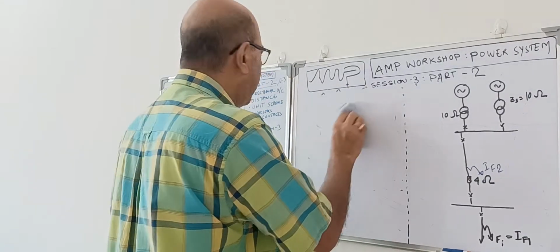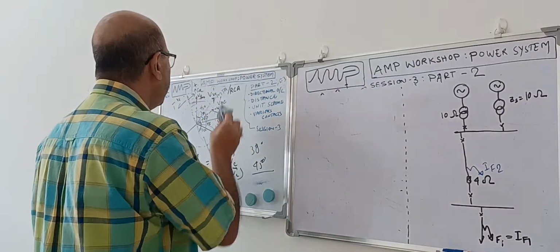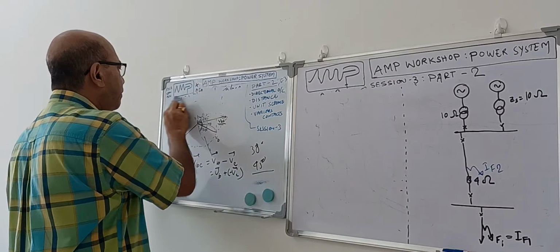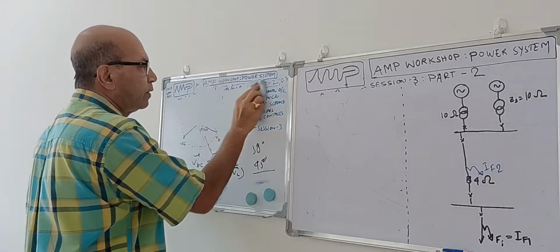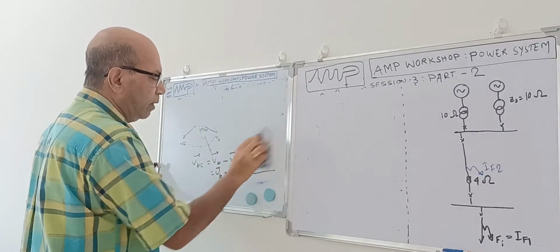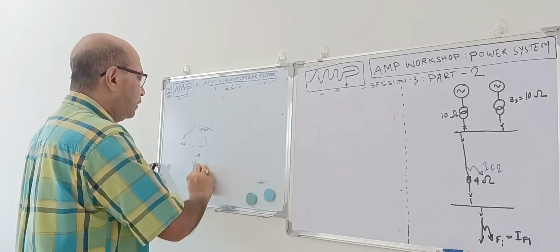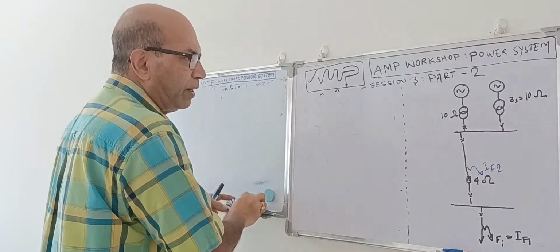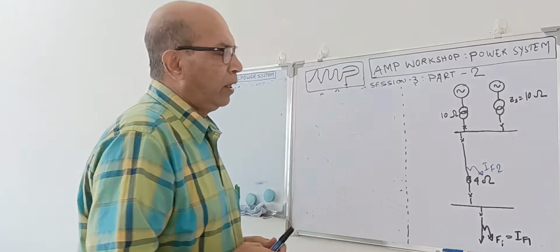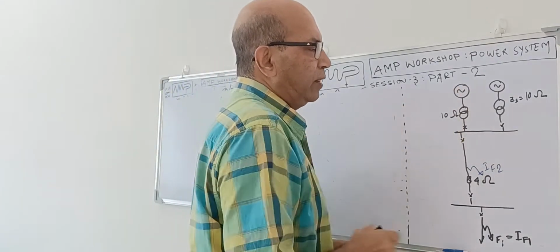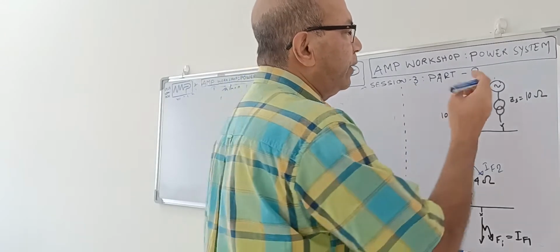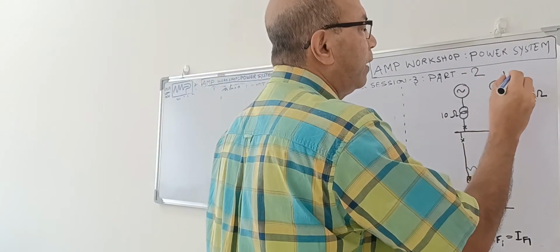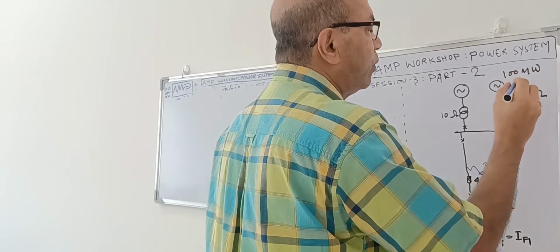Now to explain distance protection, why we need it, I have drawn another diagram on this board. Let me explain why this requirement has come up. I have drawn a very simple picture over here. These are two generators. Suppose each is a 100 megawatt generator producing at 11 kV.